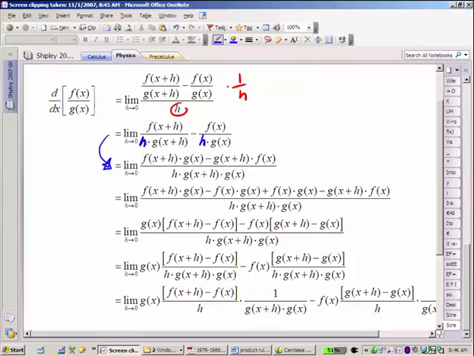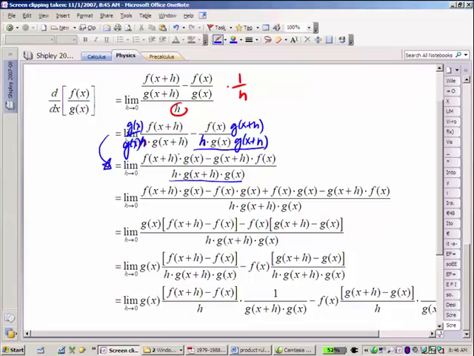Yeah, we found a common denominator. Excellent. Very good. So Desiree would probably say we multiplied this by g of x plus h over g of x plus h, and we multiplied this by g of x over g of x. So our common denominator is h times g of x plus h. That's that piece right there.